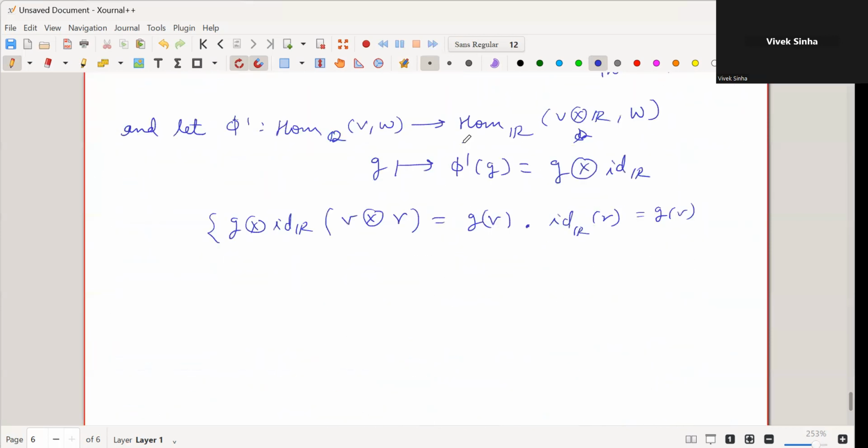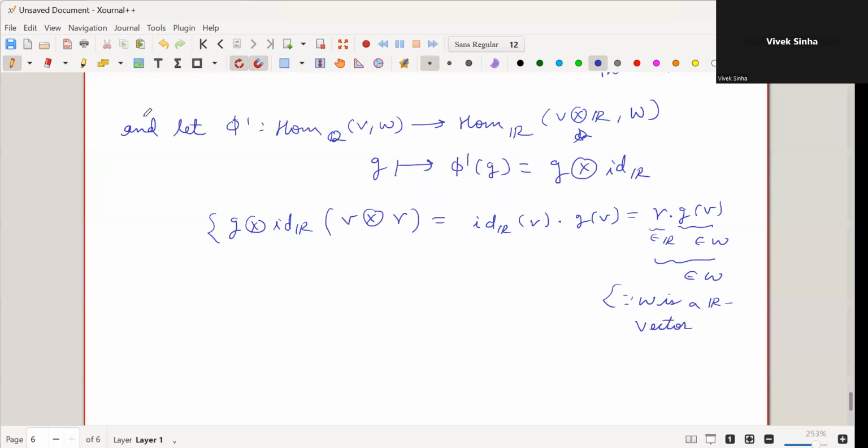So it doesn't matter. Actually, you should define it like that only. So it's just identity of R times g, right? So it will map to R dot g(v), and this is well defined and will lie inside W, because W is an R vector space, right?